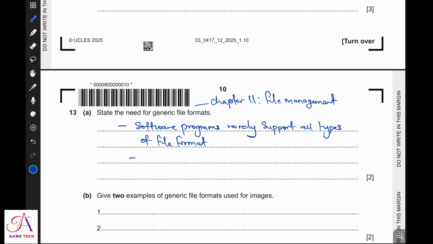The next one is, it allows users to transfer files from one package to another. Okay, so it can allow you to save files so they can be opened on that platform.